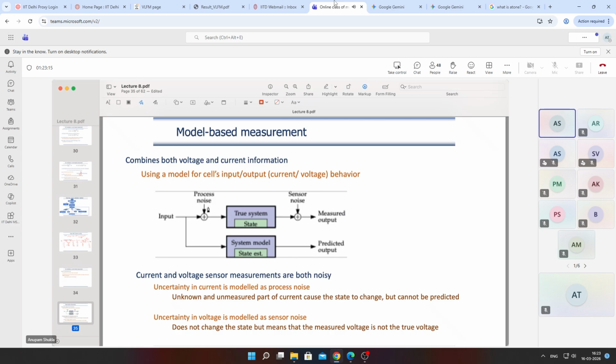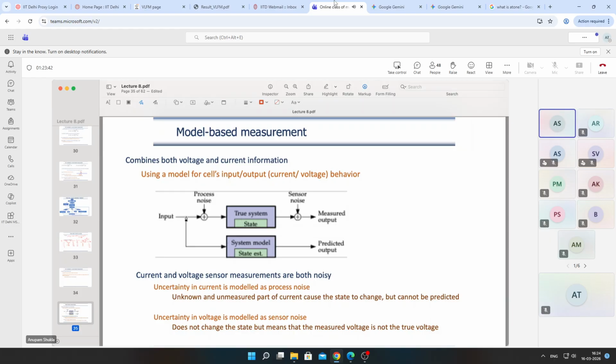All of those components are considered as noises which exist in the process. Therefore, the true current that goes into the system is whatever goes to the model plus this noise. They are assumed to be white noise, which means they are assumed to have a normal distribution. That is what is going into the system.